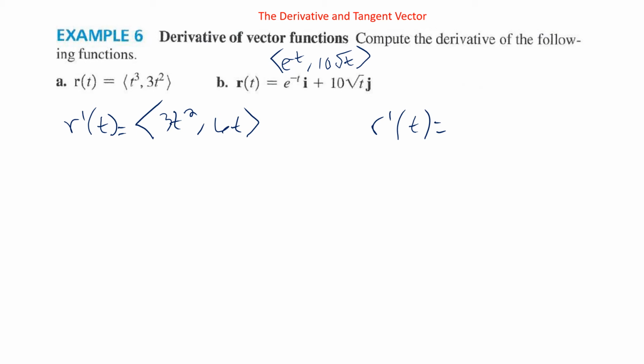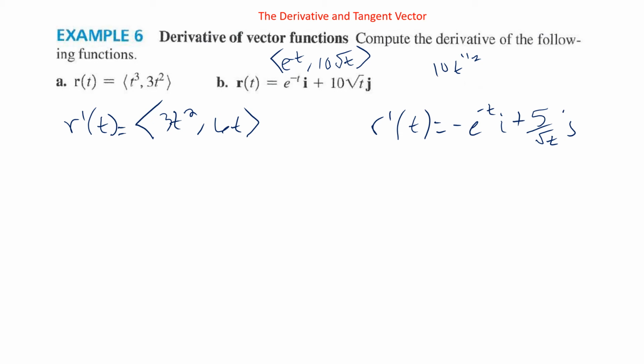The derivative of e to the negative t, we're going to have negative e to the negative t times i, plus 10 root t. Well, root t, remember, is t to the 1/2, so that'll be 1/2 t to the negative 1/2, so that'll be 5 t to the negative 1/2, or 5 over root t, times j.